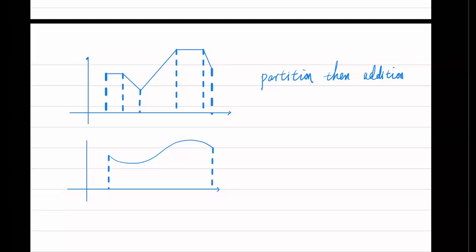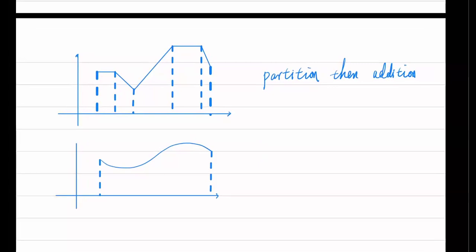Okay, so now they have a varying top. How do we find this area? We want to do the same thing. We want to make partitions, but there's no corner where we can make the partition. To make general partitions, this time we start with approximation. We cannot find the area in one approach, so we use approximation.